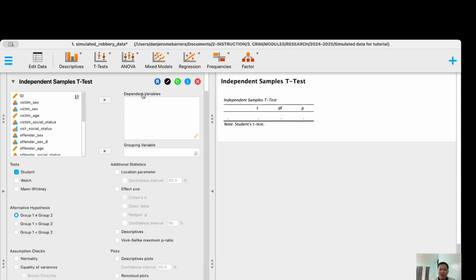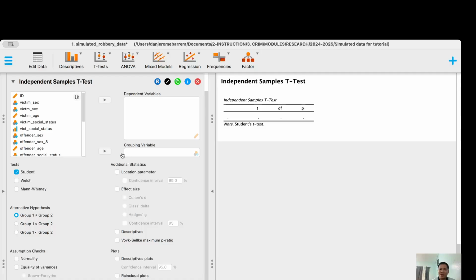We have dependent variable and grouping variable. Grouping variable is our independent variable. Remember that in our research question, the independent variable is sex, so it is binary. It is considered as the grouping variable. And the dependent variable is a continuous variable, and that is reporting delay.